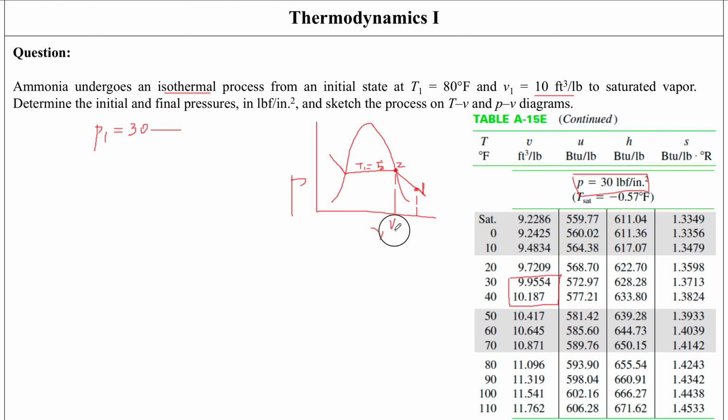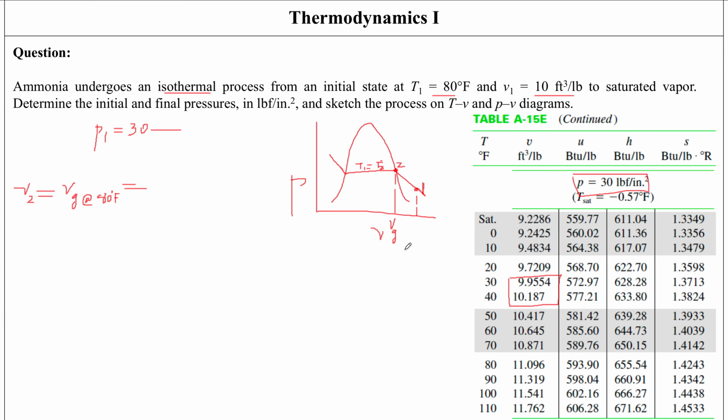It's going to be equal to Vg at this temperature, right? So V2 is going to be equal to Vg at the temperature that is given to you, which is 80 Fahrenheit.